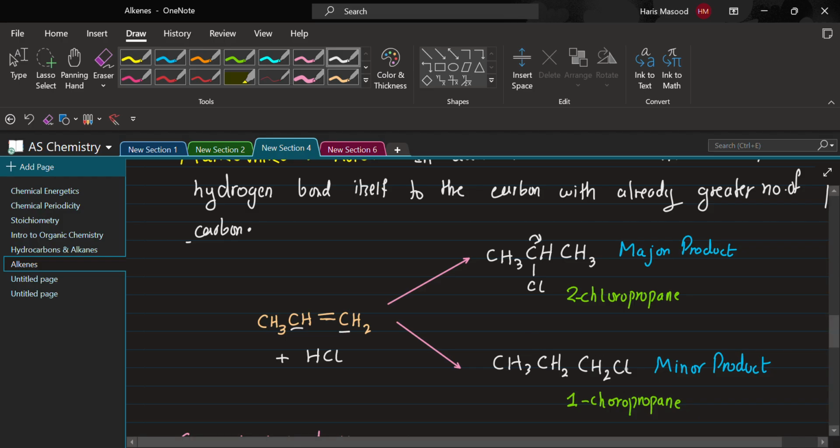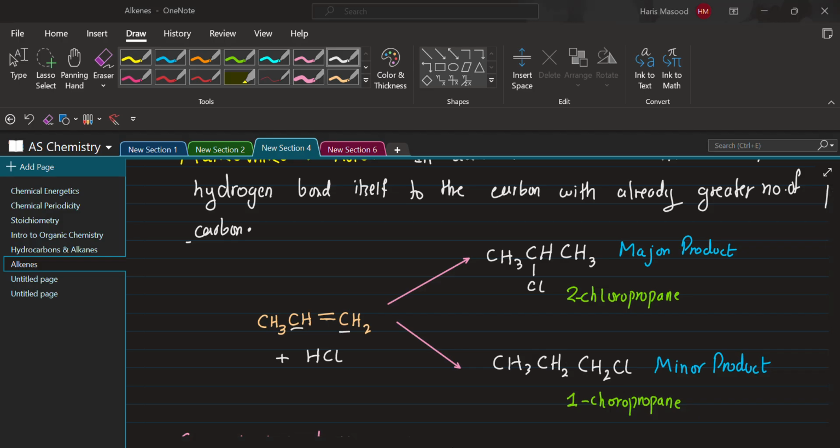This was a primary carbocation. So primary is less stable, secondary is more stable. That is why we always attach the hydrogen to the carbon that already had more hydrogens, so that it tries to make a tertiary carbocation, or a secondary carbocation which is more stable.